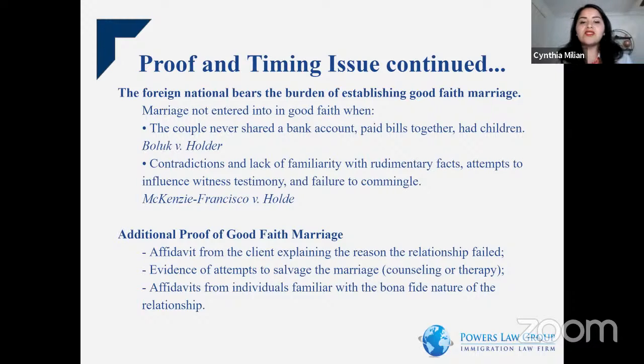So the foreign national bears the burden of establishing the good faith marriage. Like I mentioned, you have the burden of proof, right? Whether you're going to file jointly, based on abuse, or based on divorce, whatever grounds you're going to file on, you always have to show that it was a good faith marriage.